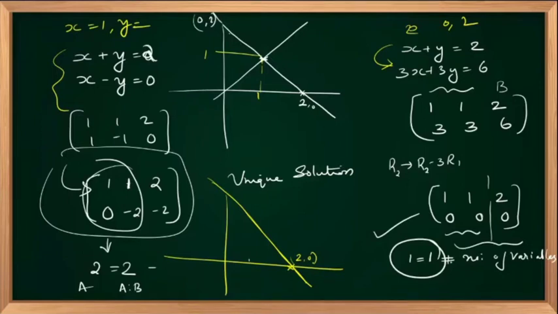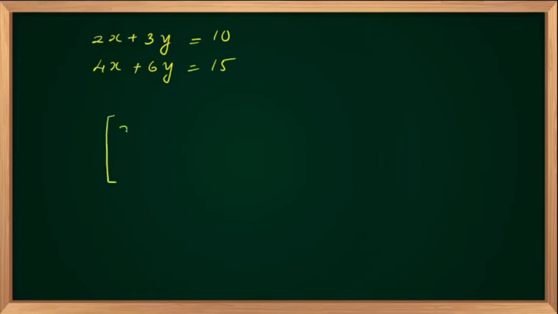Now we'll see what is meant by inconsistency. Inconsistency happens if, suppose I have the equation 2x plus 3y equal to 10, right, and 4x plus 6y equal to 15. Now if I try to find the rank, 2, 3, 10, 4, 6, 15 will be there, right?